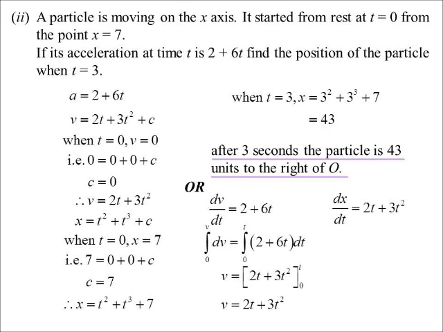Then I could do the same thing. I could say velocity is dx/dt. Again, I'll separate the variables. Now, this time, I don't actually have to go and find the final formula, because what I'm doing here is saying, hey, my initial condition is that at time equals 0, x was equal to 7, displacement was 7. When time is 3, what is x?